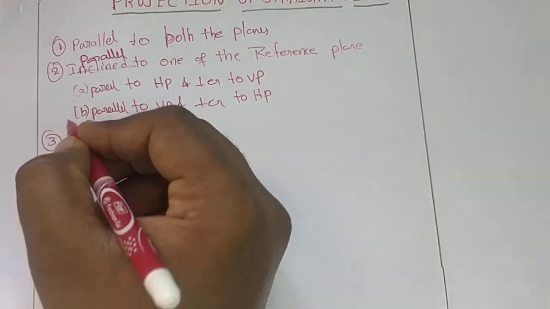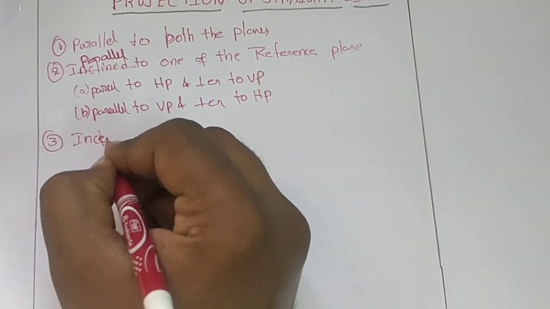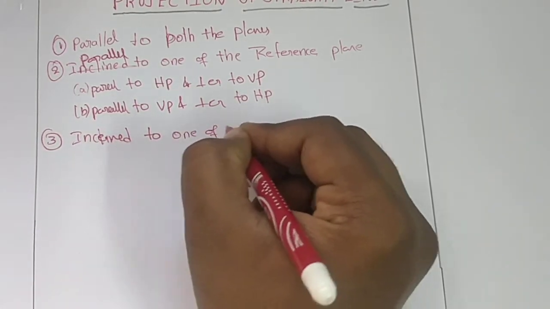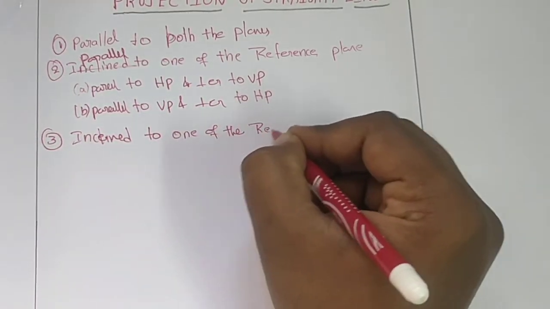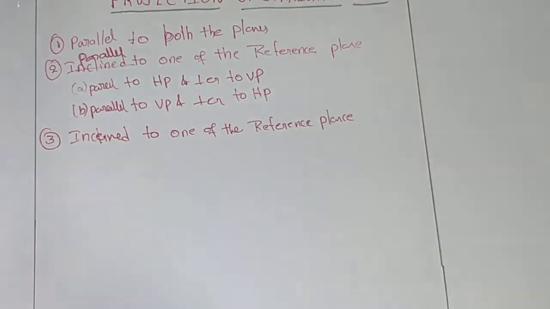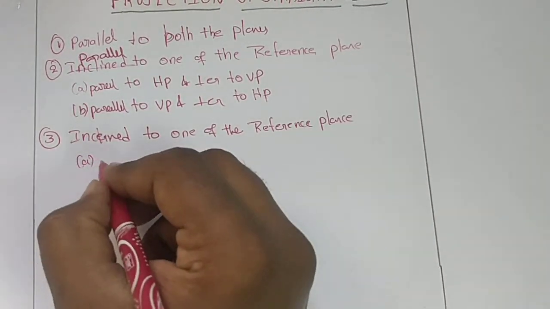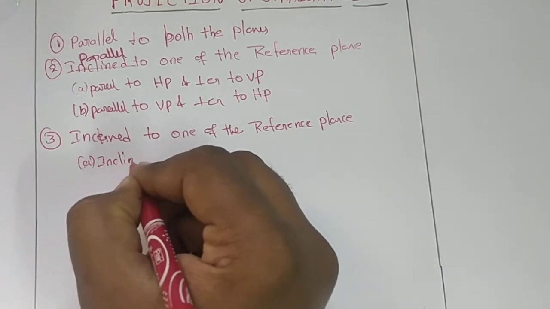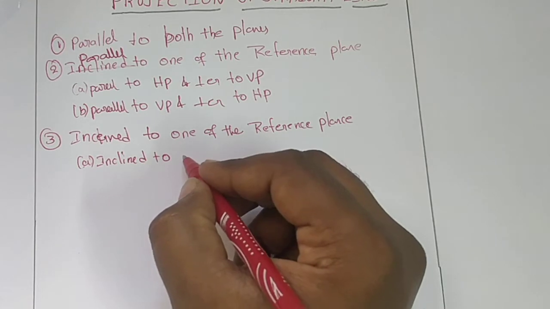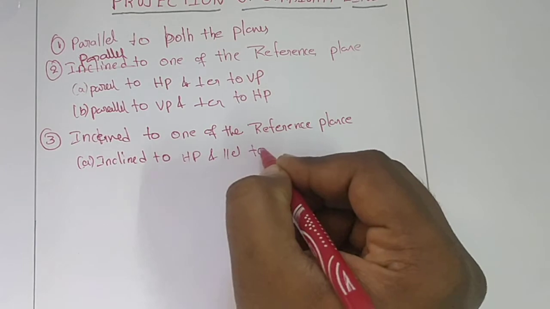Coming to the third case: inclined to one of the reference planes. A reference plane is nothing but the vertical plane or the horizontal plane. In this third case also we have two conditions: inclined to HP and parallel to VP.